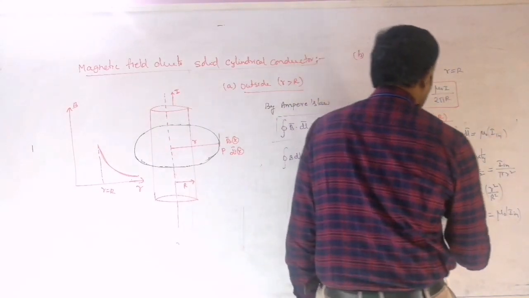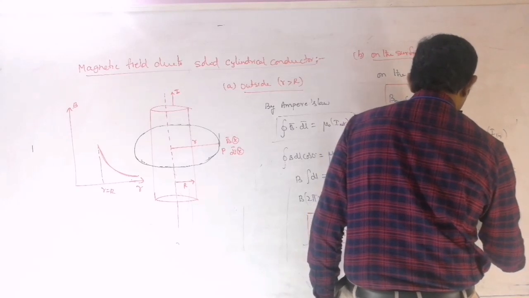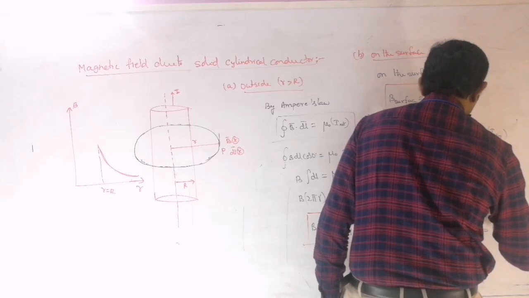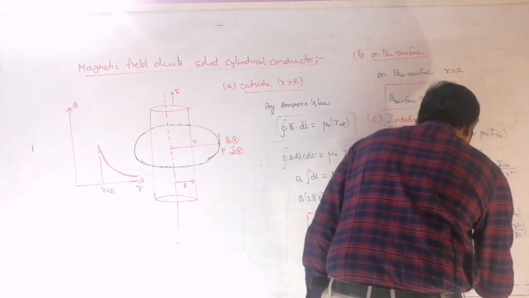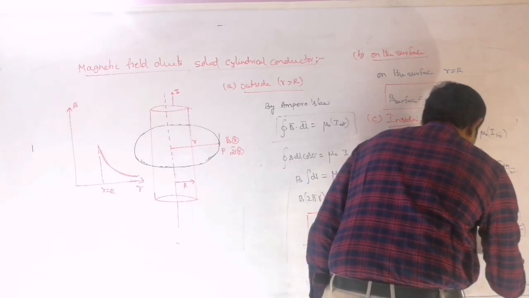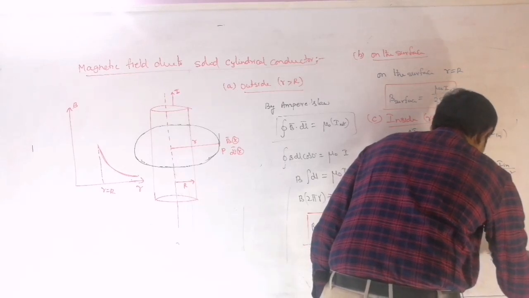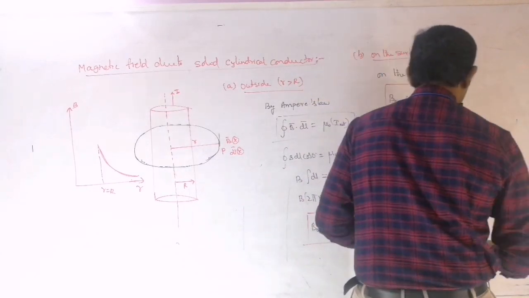Therefore B into 2 pi r is equal to mu naught into I into small r square by capital R square. So B inside is equal to mu naught I by 2 pi capital R square into small r.